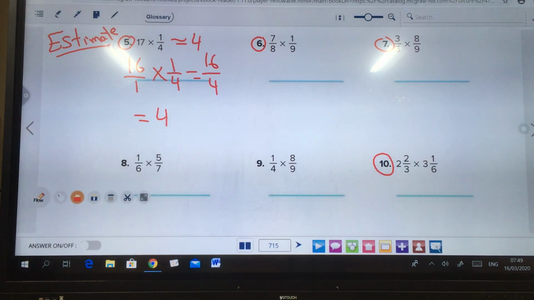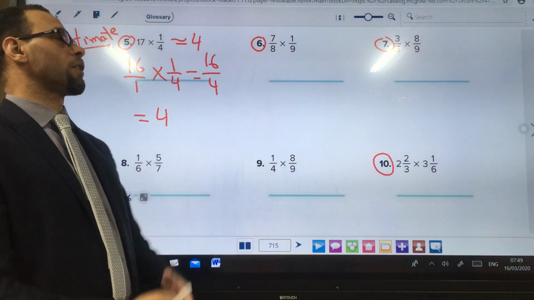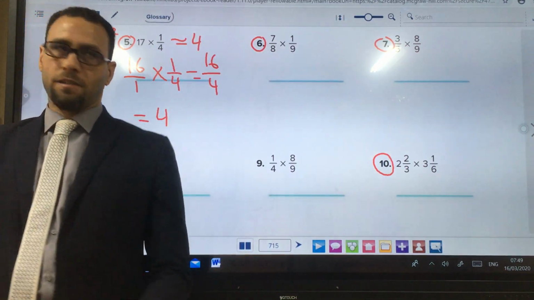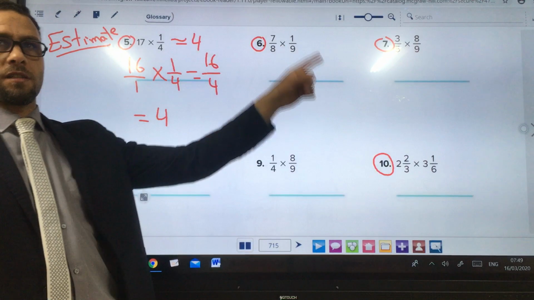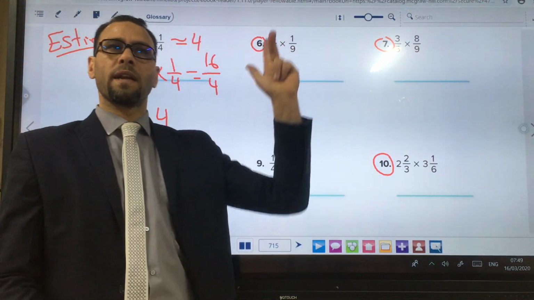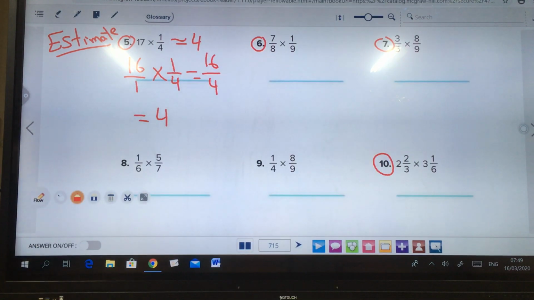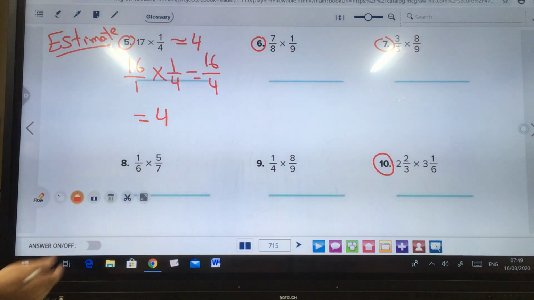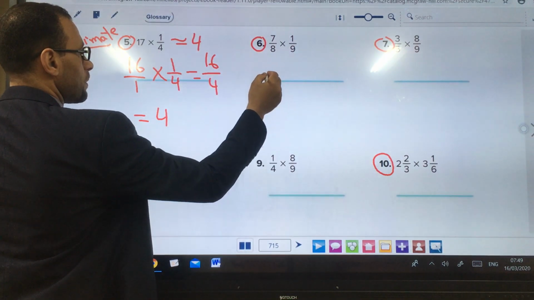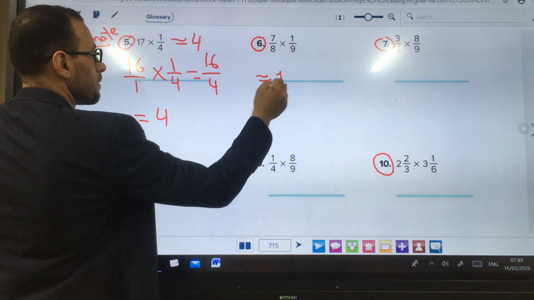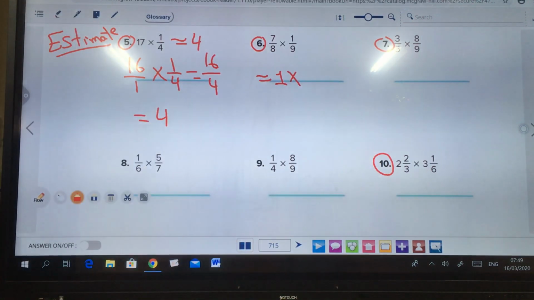Number 6: 7 out of 8 times 1 out of 9. Estimate fraction by fraction. Round each one to 0, 1/2, or 1. 7 out of 8 is closer to what? Good, 7 out of 8 is closer to 1. Times 1 out of 9, closer to what?